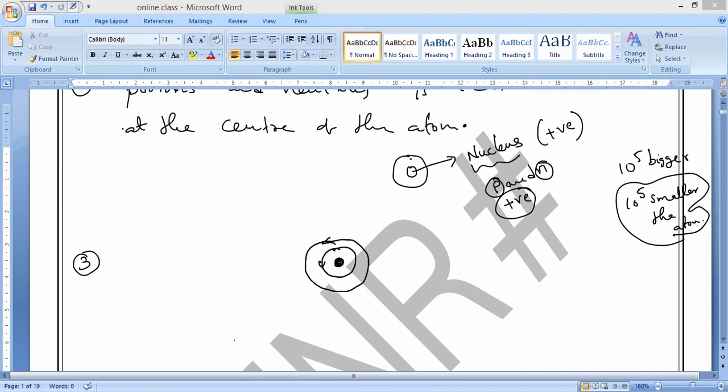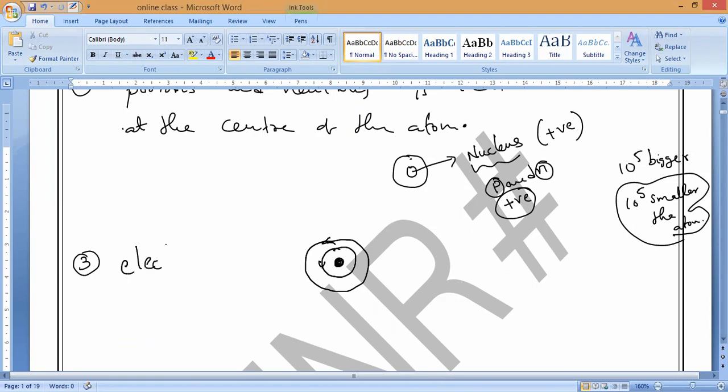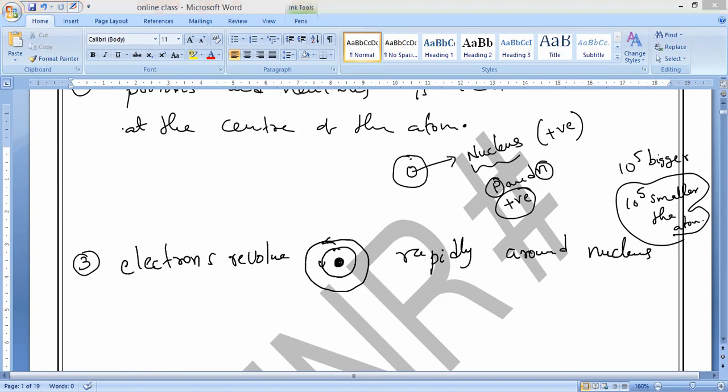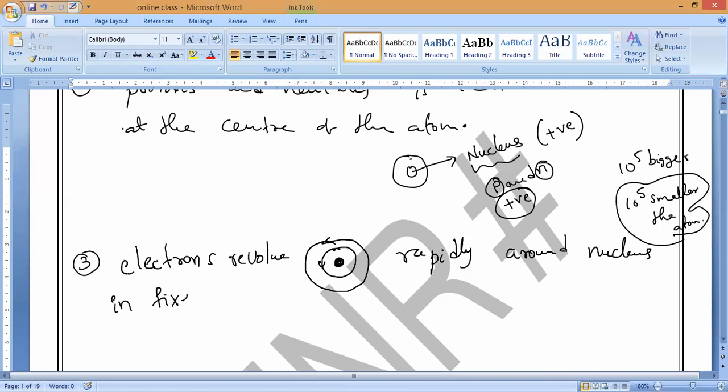Please write the third point. Electrons revolve rapidly around the nucleus in fixed circular paths, which are called, what are they called, guys?